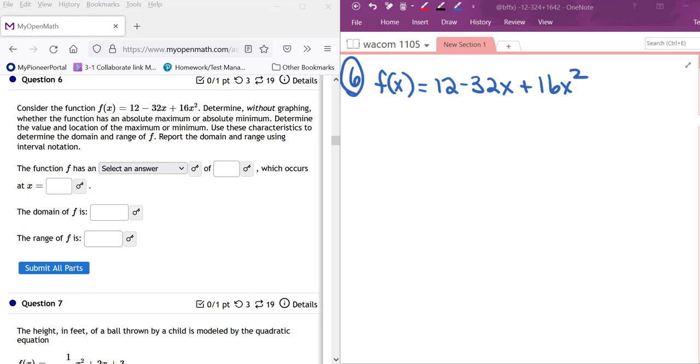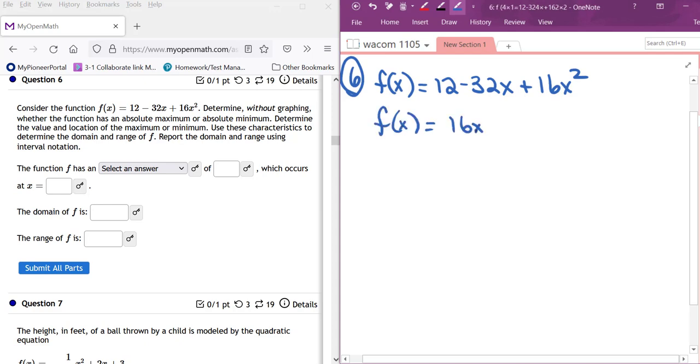It says, consider this function 12 minus 32x plus 16x squared. Determine without graphing whether the function has an absolute maximum or minimum. First of all, I would turn this around to descending order. And this is a parabola.